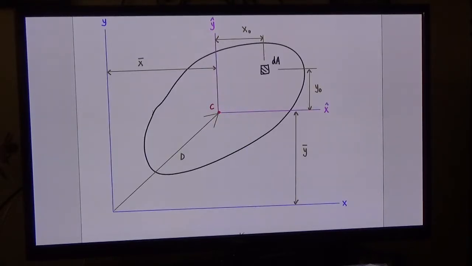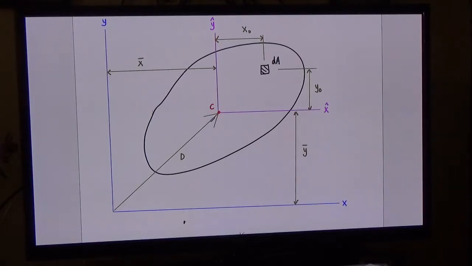Let's say that for this body, I was given, or I had somehow already calculated, the moment of inertia of the body about some centroidal axis x hat. And then I wanted to calculate the moment of inertia about a parallel axis, x. Well, the parallel axis theorem will allow me to do that very simply. So let's go ahead and derive the parallel axis theorem, and then we'll talk about how we use it with composite areas.